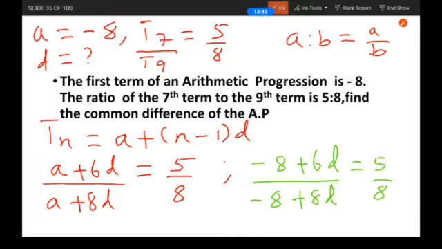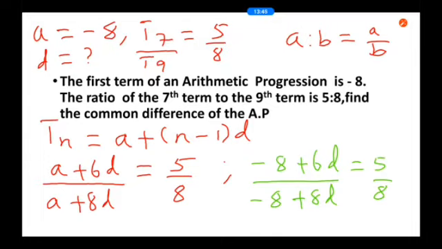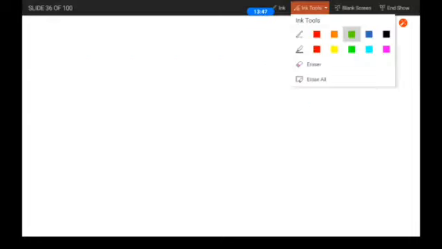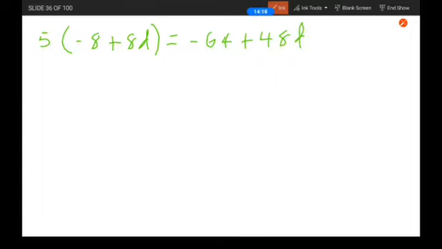What's the next thing we do? We need to cross multiply. Very good. So if you cross multiply very well, you are going to be having 5 brackets minus 8 plus 8D into minus 64. That is 8 times minus 8, minus 64, plus 8 times 6D. You get 48D. So let's multiply this one out.